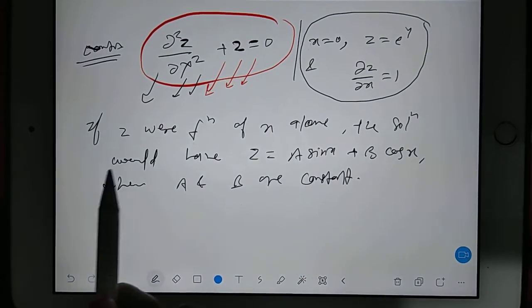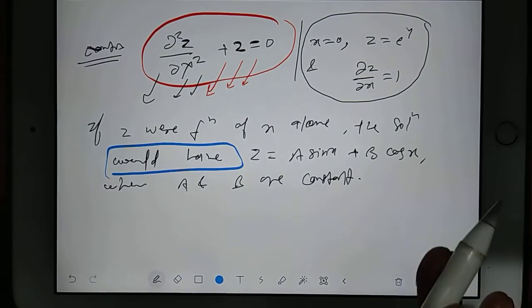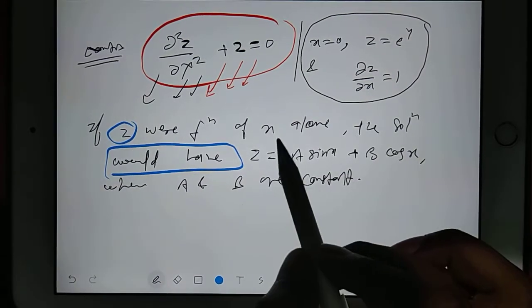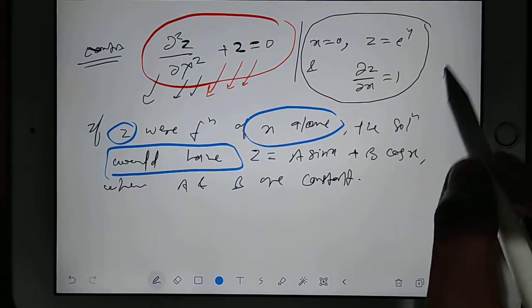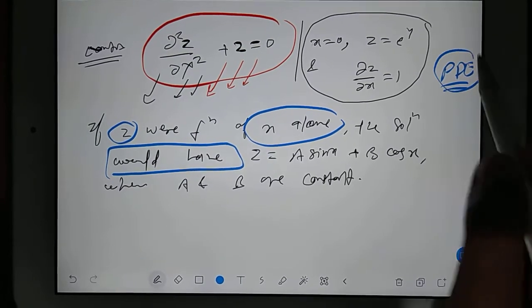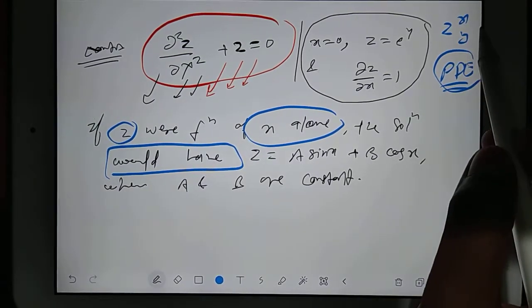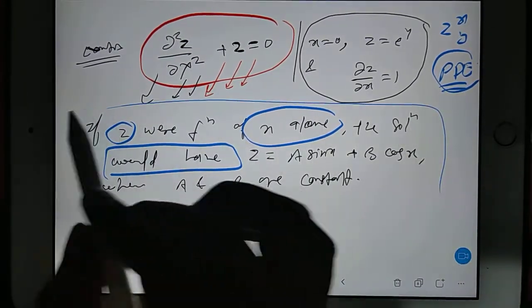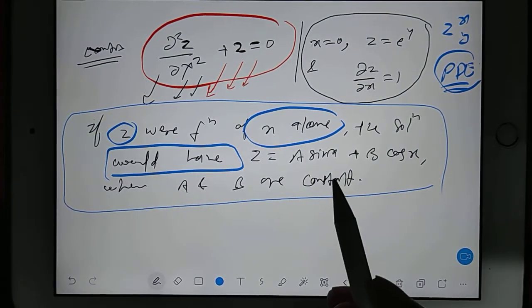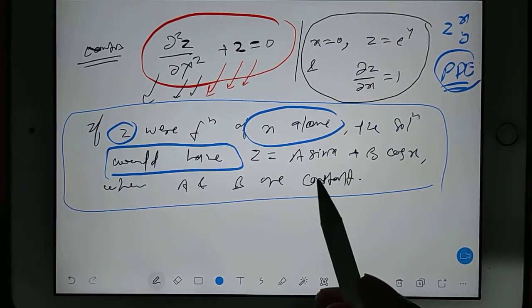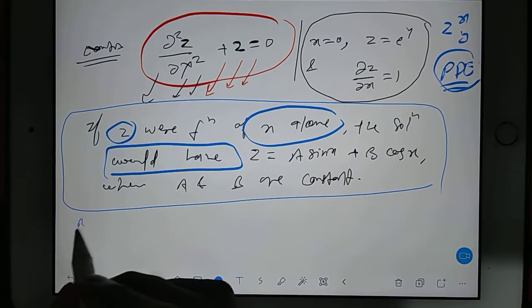I have given here the solution if z were a function of x alone, but reality is we are doing PDE. In PDE, your z is the function of x also and y also.